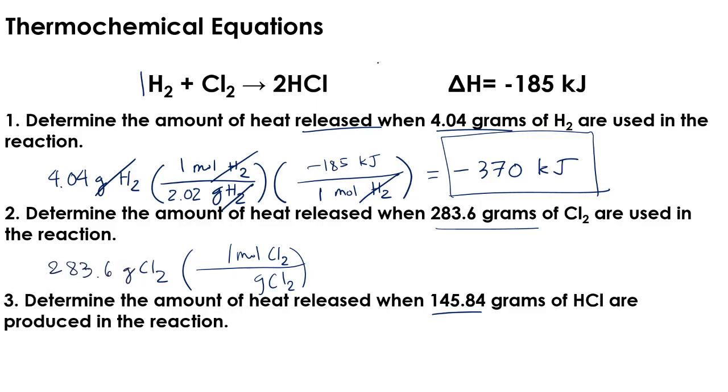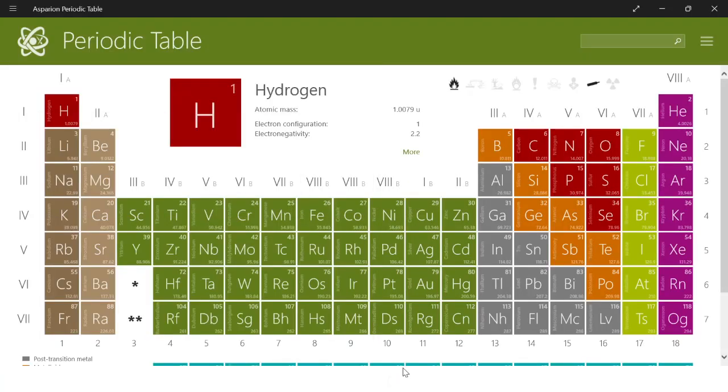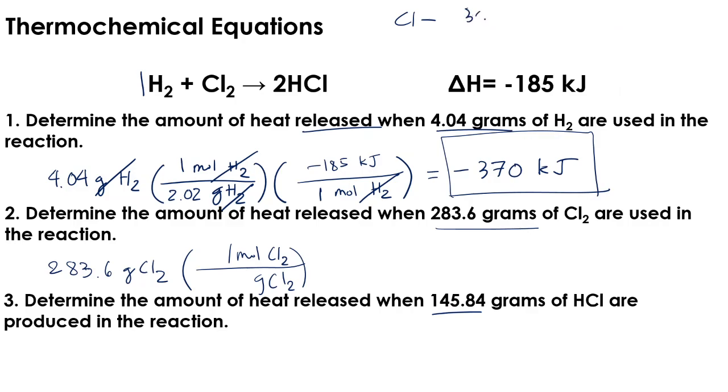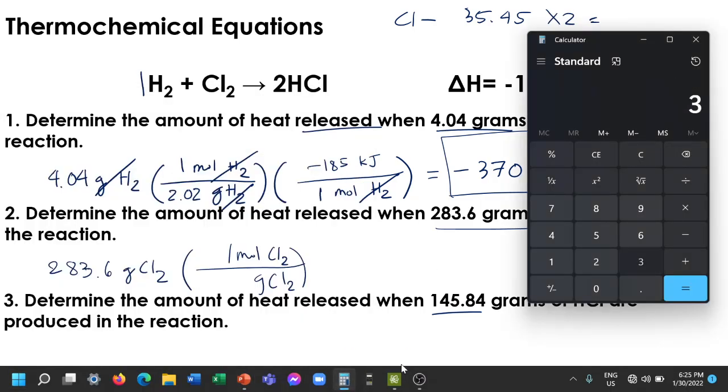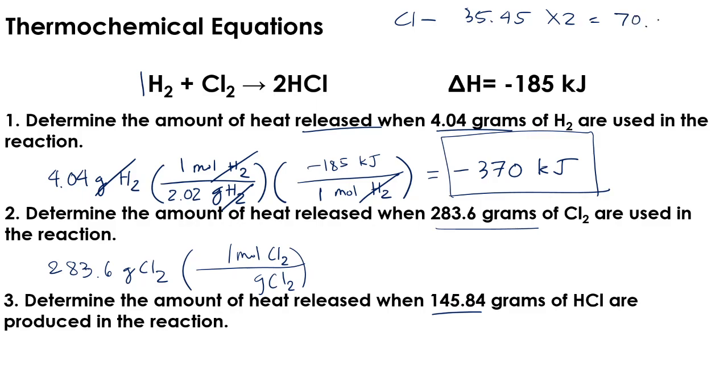If you check your table of elements for Cl, the mass of Cl is 35.45, and then Cl2, so meaning times 2. So 35.45 times 2, that's 70.9. So the molar mass of Cl2 is 70.9.